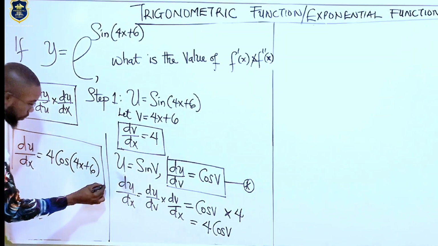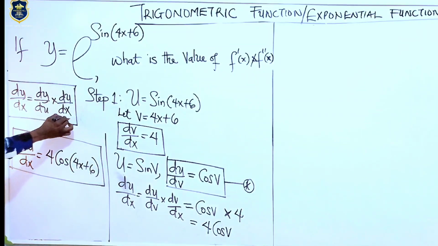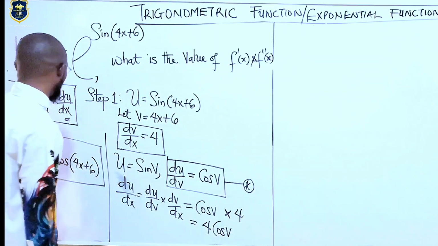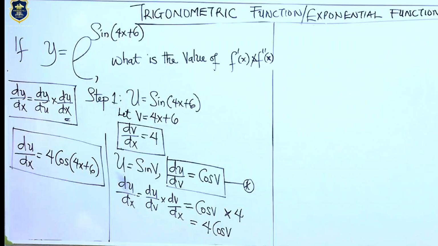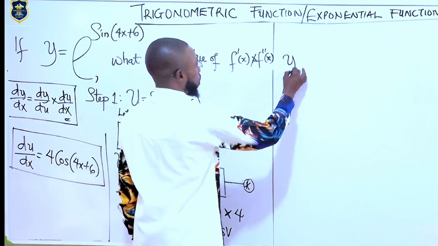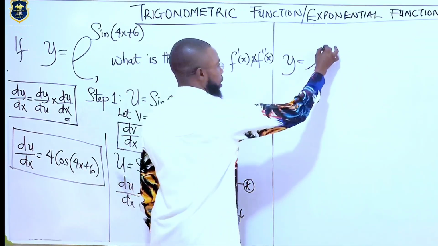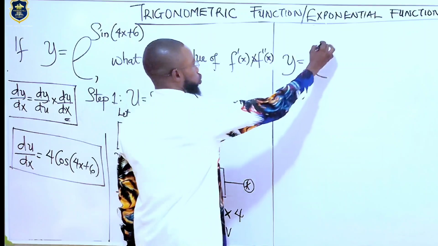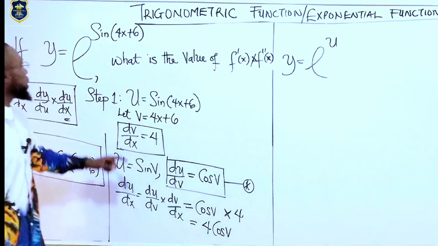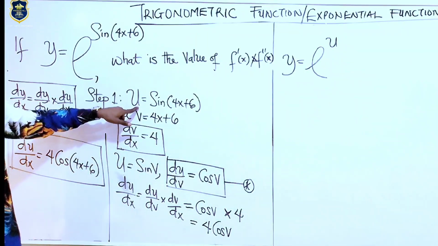Now we have the value for du over dx. So how do we get dy over du? That's what we're looking for now. Of course, we know the value of y is equal to e raised to the power of u, because we have replaced everything in the exponent with the value of u.